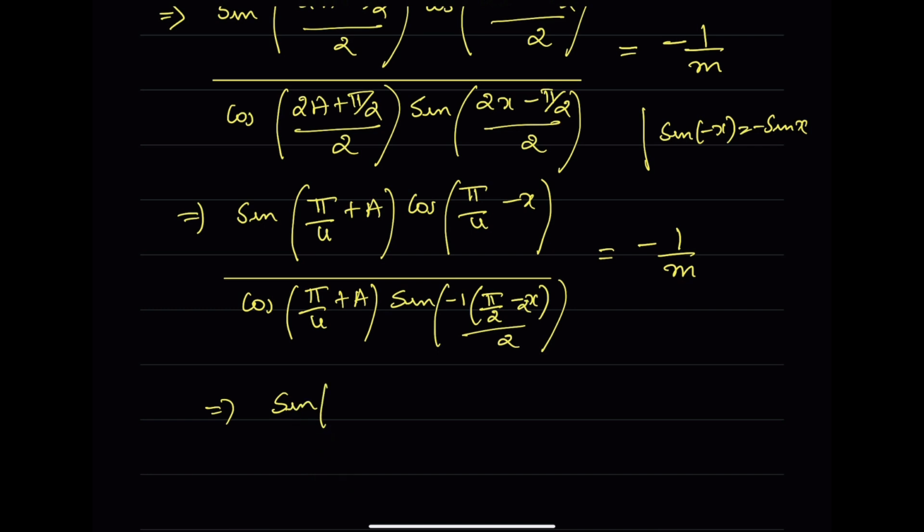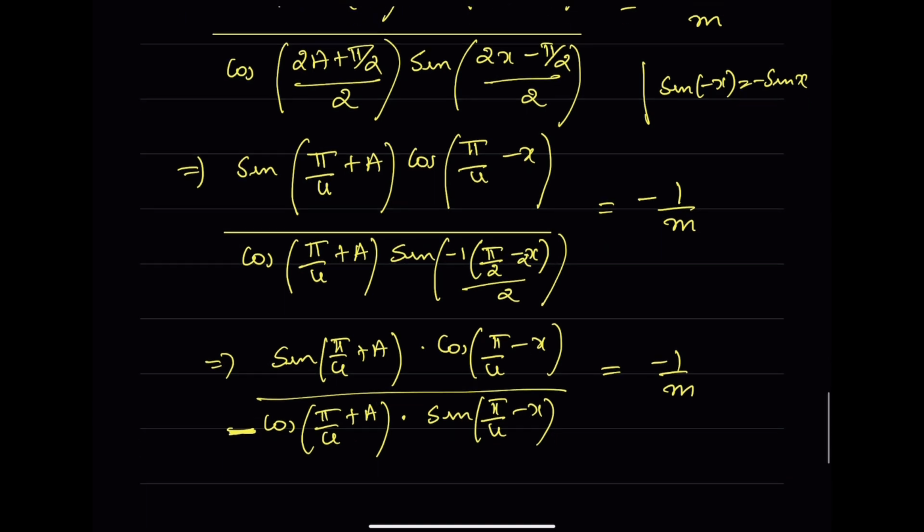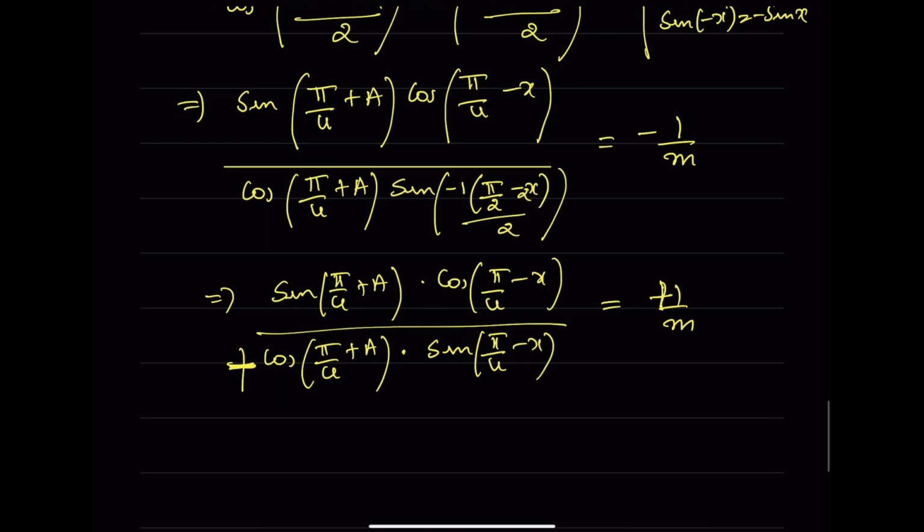Now I can change this to sine of pi by 4 plus a times cos of pi by 4 minus x by cos of pi by 4 plus a. Now this will be minus sin x. So I put the minus here, sine of pi by 4 minus x, which is equal to minus 1 by m. Now we have negative on both the sides, so we can cancel out the minus 1 actually.